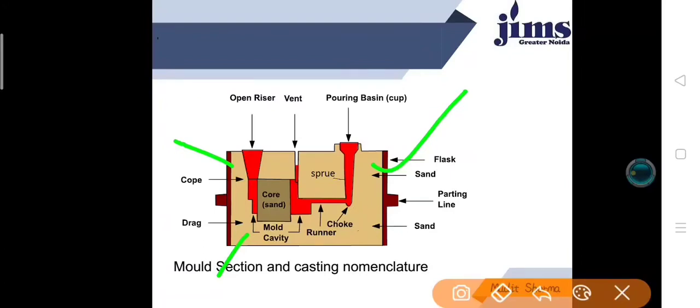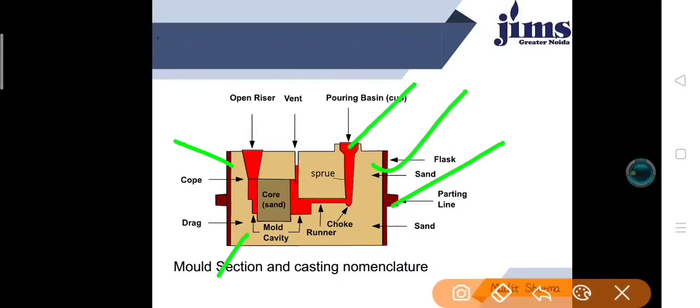What is a pattern? A pattern is the replica of the final object to be made. What is the parting line? The parting line is the dividing line between the two molding flasks that make up the mold. What is the pouring basin?